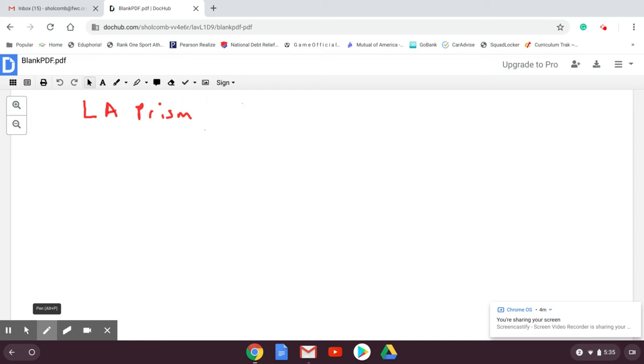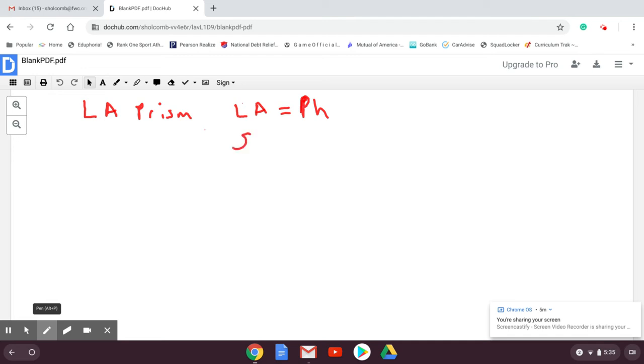Lateral area is the area around the prism, not including the bases. So the lateral area of a prism is just PH. A lot of times you might even use a capital P there because it's the perimeter of the base.